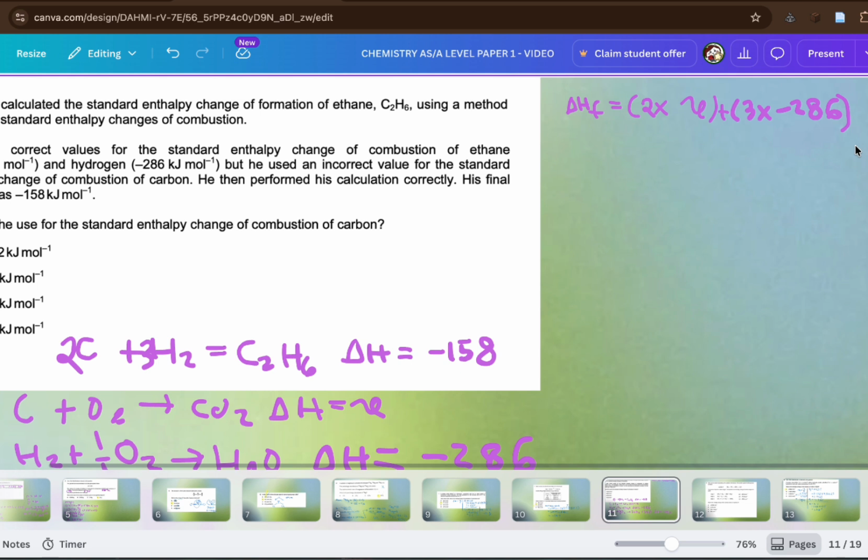Okay, let's zoom here. Of course, don't forget, the enthalpy change of combustion of ethane. So we subtract it.